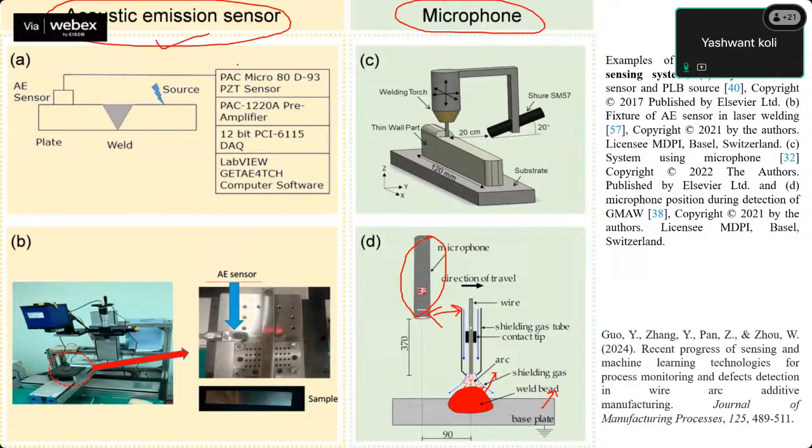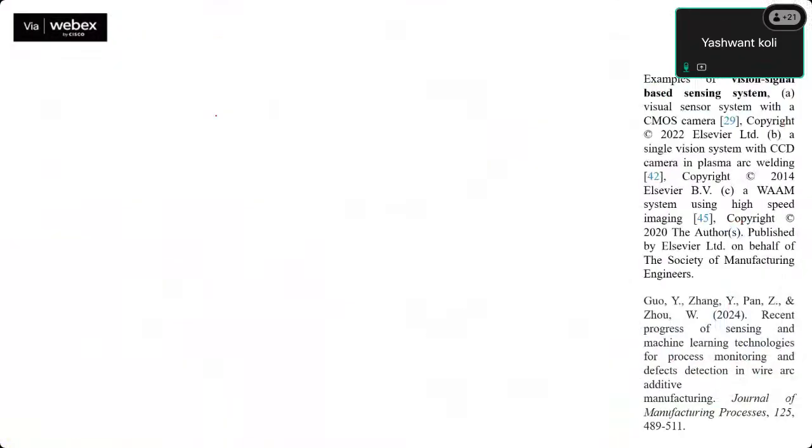The advantages of using AE sensors are that they are better for studying weld stability and detecting internal defects. So internal defects can be detected using these sensors. They are less affected by audible noise. Compared to microphones, AE sensors are very good, and environmental noise can be removed.